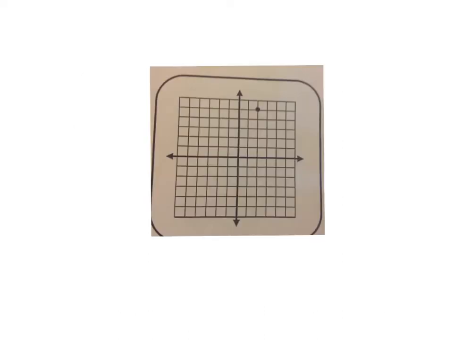Okay, so now we're going to talk about the degrees. First of all, the 0 degree mark is going to be over here on this axis. The direction can either be clockwise or counterclockwise.